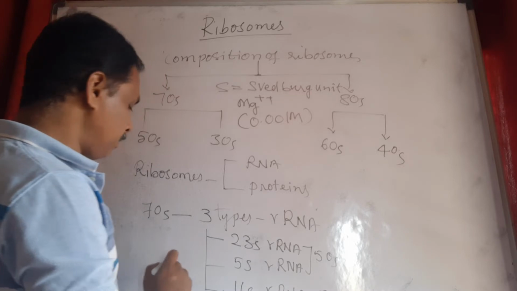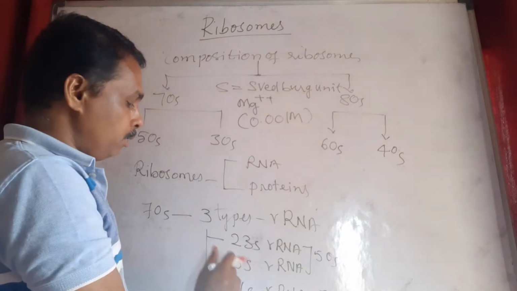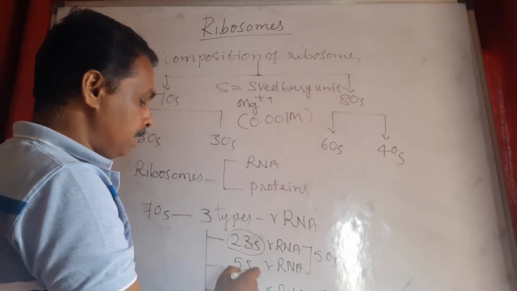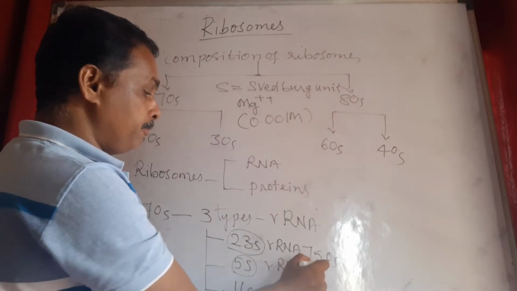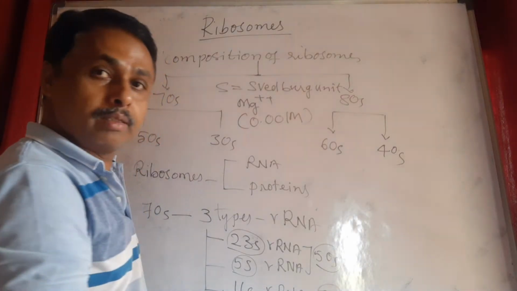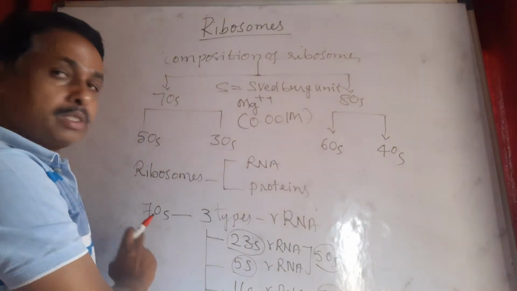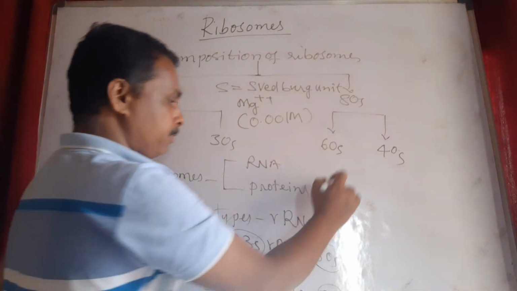So that means 70S ribosomes are made up of three types of RNA: 23S rRNA, 5S rRNA of 50S, and 16S rRNA of 30S. Right. This is the chemical composition of 70S type ribosomes.